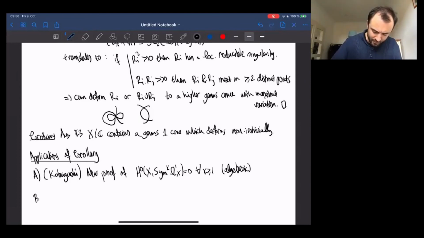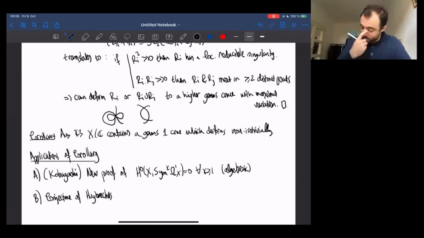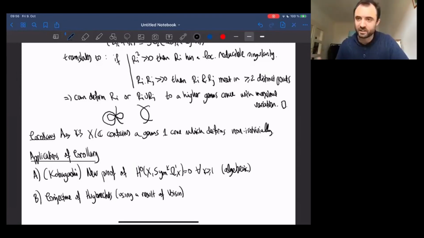And the second thing is it implies a conjecture of Huybrechts, and to conclude this conjecture of Huybrechts, we also use a result of Voisin. Basically, Voisin did most of the hard work here.